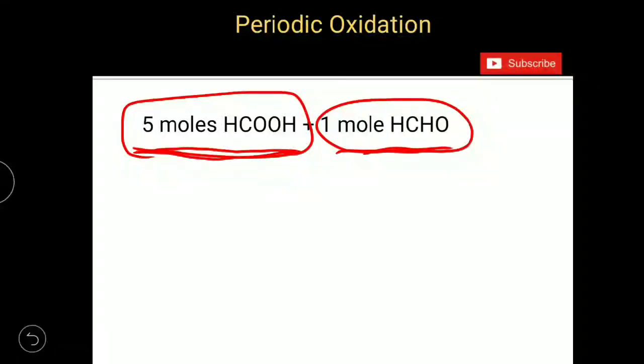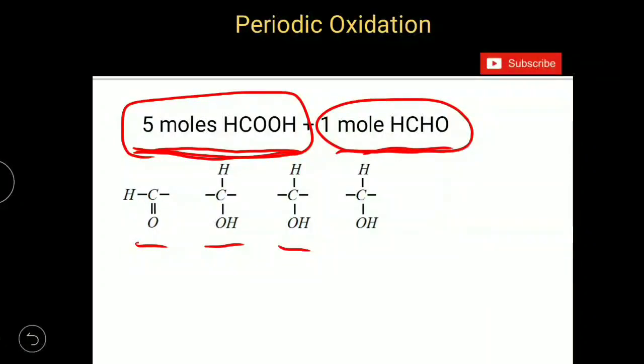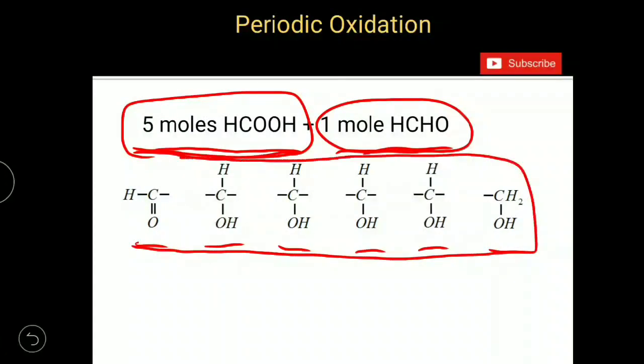So one aldehyde group which will give you formic acid, a non-terminal alcohol group gives you formic acid, another non-terminal alcohol, another non-terminal alcohol, another non-terminal alcohol. You got 4 non-terminal alcohol groups, and at the end of the carbon chain you got the terminal alcohol group. When it undergoes periodic oxidation, it will give you formaldehyde.